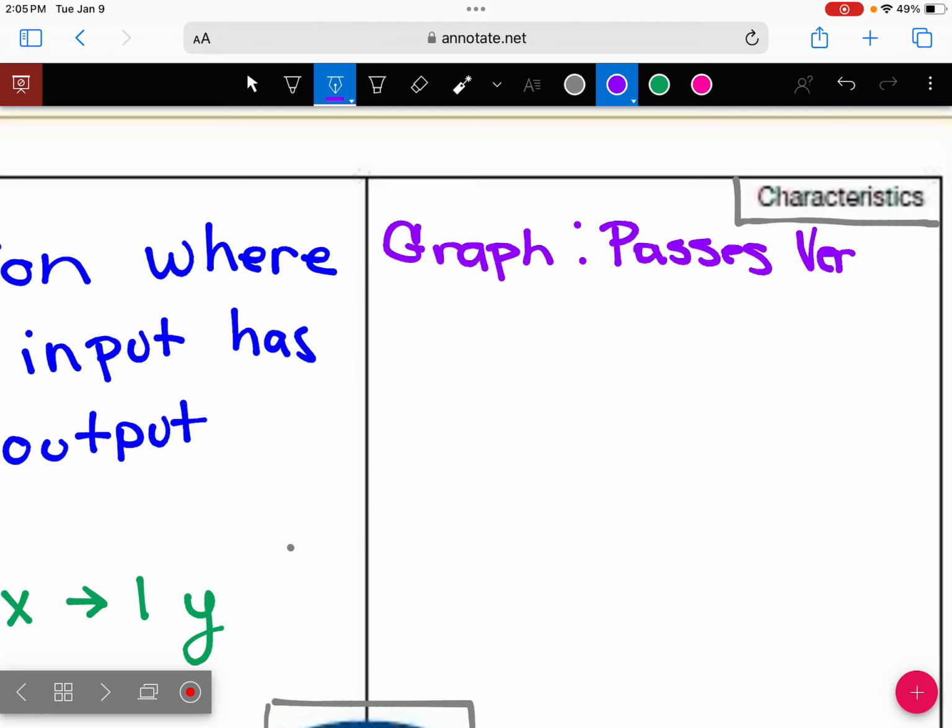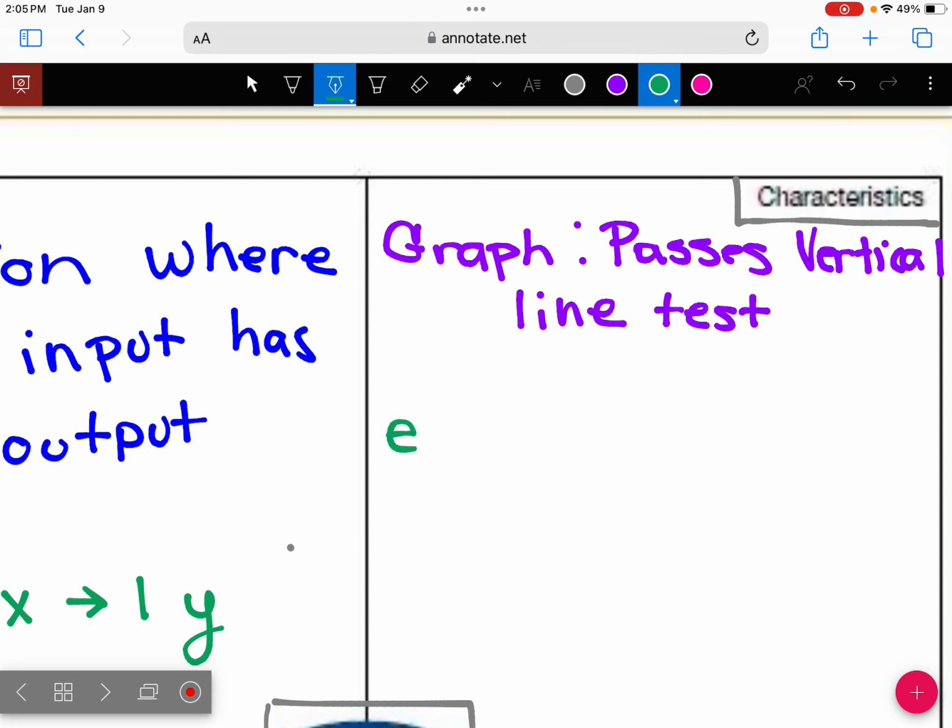I'm going to write it out. Vertical line test. Hey, I think I spelled it right. Those of you that are new, if you see me spell a word wrong, you're probably right, and feel free to tell me. Spelling is not my forte. Spelling is a suggestion. If y'all understand what I mean, it's close enough. So graphs pass the vertical line test.